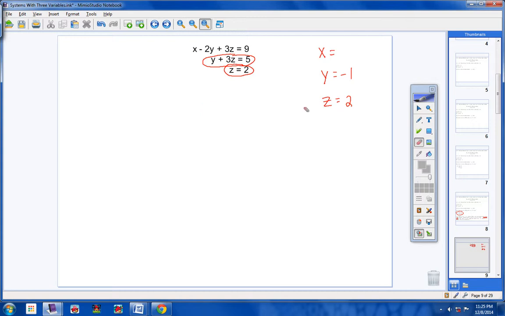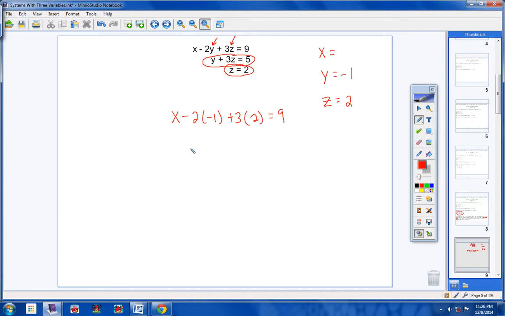Now I'm going to take my y, negative 1, and z, 2, and put them in here for y and z, and solve for x. So x minus 2y, where the y is, I'm going to put negative 1, plus 3, and where the z is right here, I'm going to put 2, equals 9.